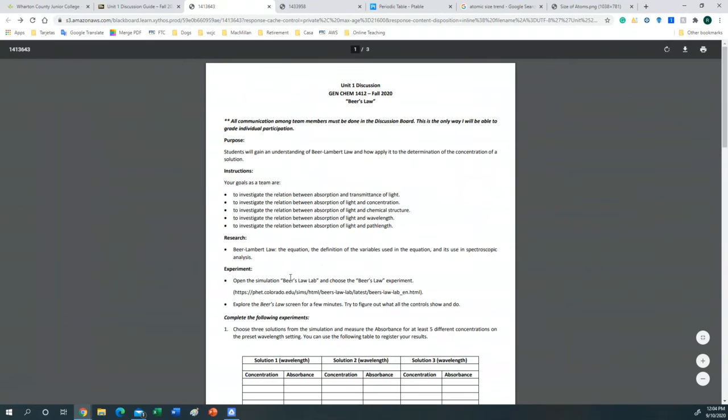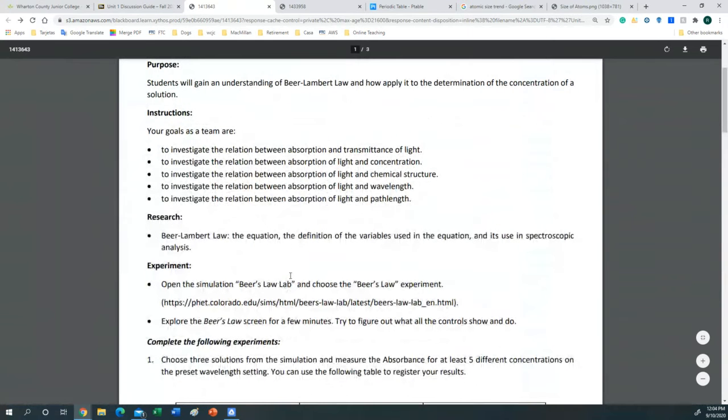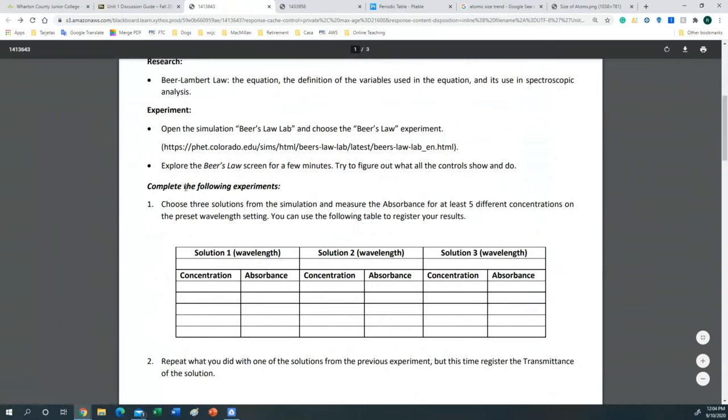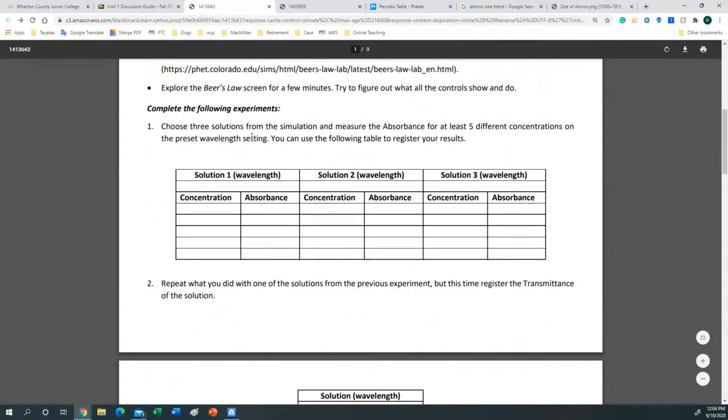So that's what it says here. And then it says complete the following experiments on the simulator, right? So for example, choose 3 solutions from the simulation and measure the absorbance of at least 5 different concentrations, and so on.